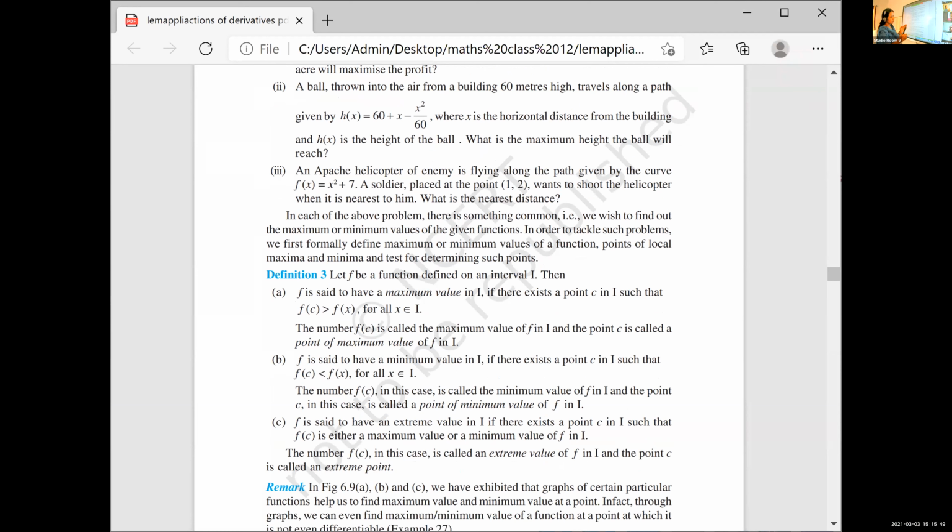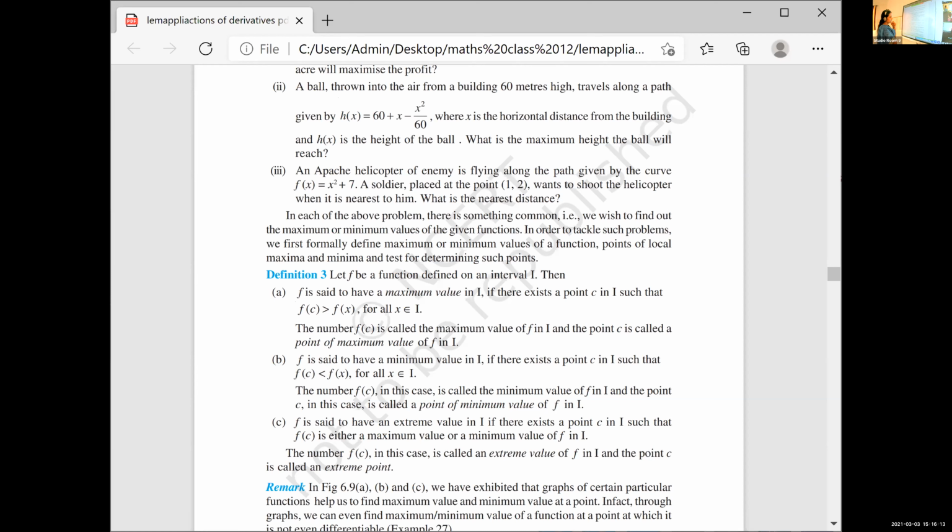Within that interval, at C only you should get the largest value, f of C. Then f of C is called the maximum value of f, and C is called the point of maximum value.